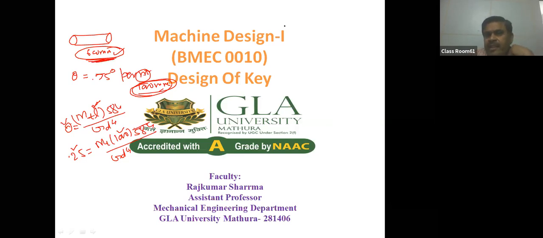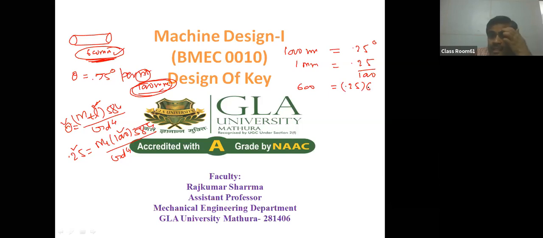By unitary method you can calculate that for the 1000 mm length the angle of twist is 0.25 degree. So for 1 millimeter length the angle of twist is 0.25 by 1000, and for 600 millimeter length it will be given by 0.25 into 600 divided by 1000.